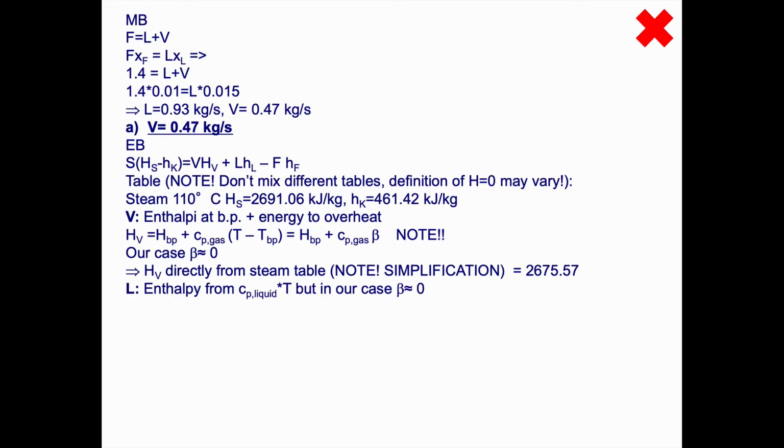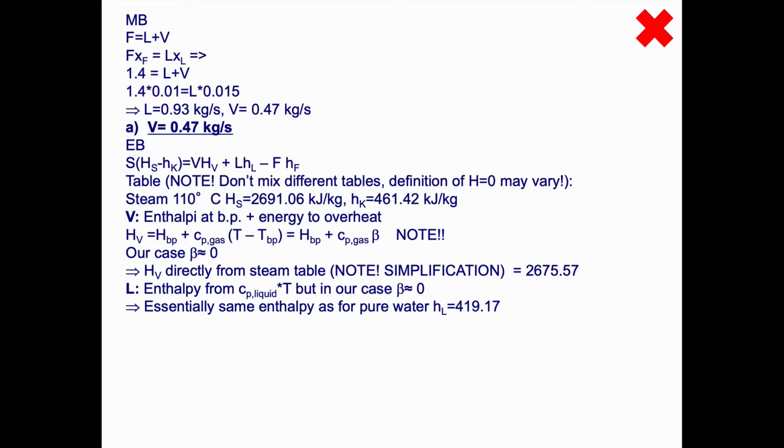The enthalpy for the liquid, we could take a Cp for the liquid times the temperature. And we now use the definition that enthalpy is 0 when you have liquid water at 0 degrees, for example, and water as liquid, not as gas. In our case, however, the boiling point elevation is essentially 0, and there's almost nothing in there, like 1.5%, that's not much.